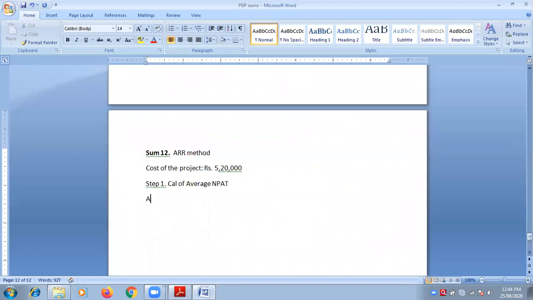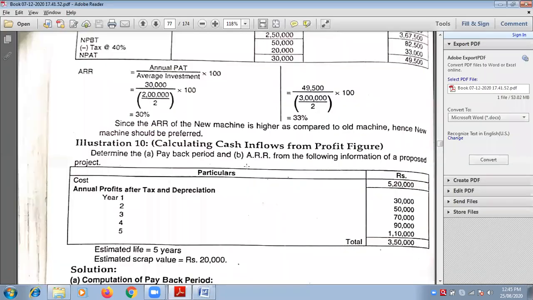So average net profit after tax is equal to total net profit after tax divided by number of years. What is total net profit after tax? 30 plus 50 plus 70 plus 90 plus 110.